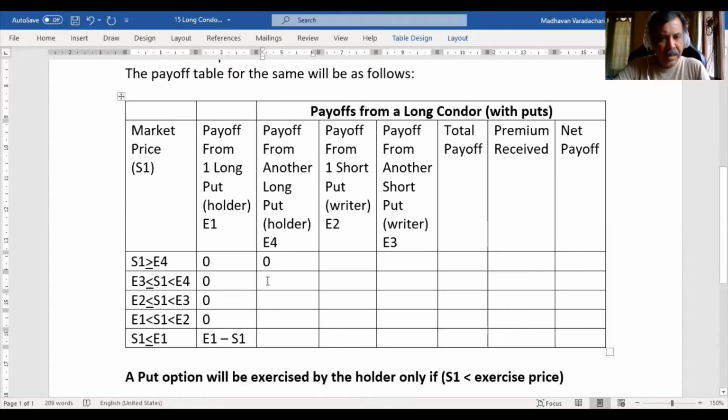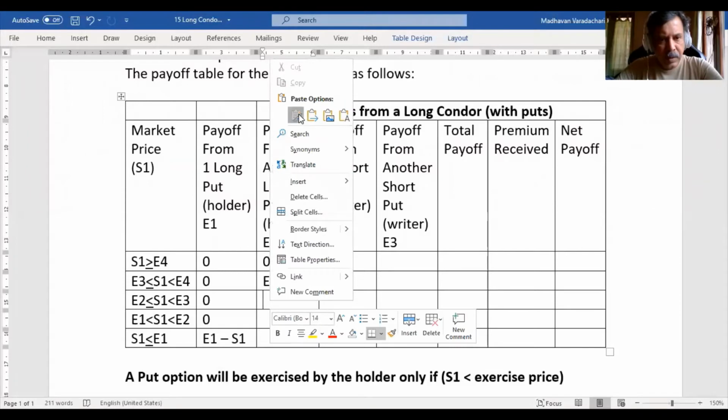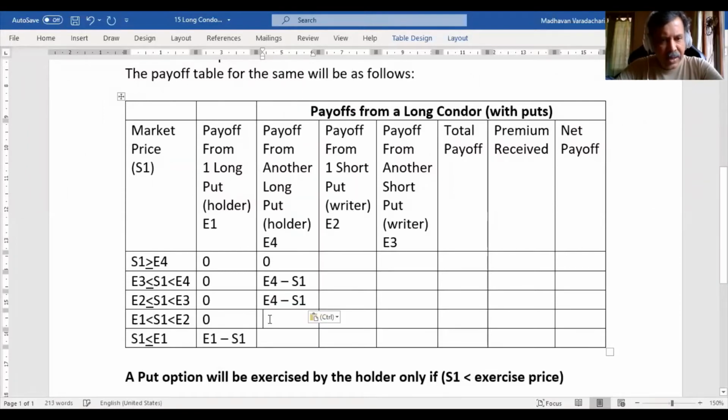Next one, market price is lesser than my exercise price, I will exercise, and my profit will be E4 minus S1. Here, market price is lesser than E3, that means it will be lesser than E4 also, I will exercise. My profit will be the same. Market price is lesser than E2, so I will exercise, my profit will be the same. It is lesser than E1, that means it will be lesser than E4 also, I will exercise.